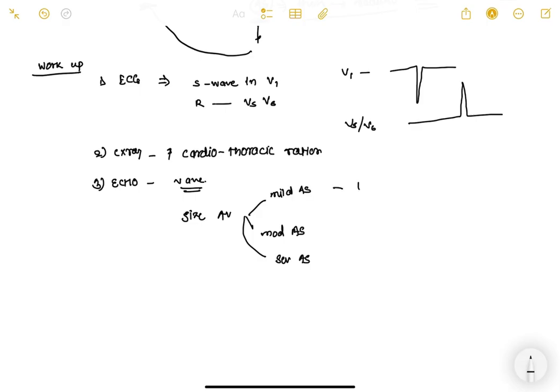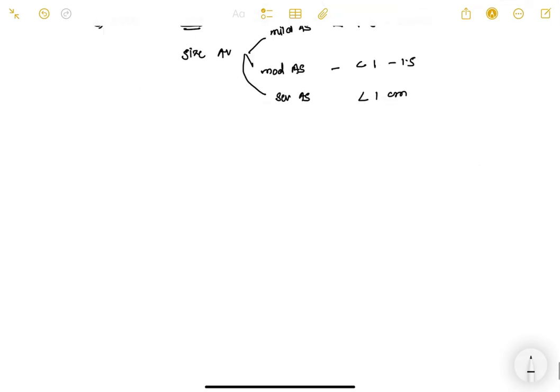If it is 1.5 to 2 centimeter square, it is mild; if it is less than 1 to 1.5, moderate; if it is less than 1 centimeter, it is severe. So normally it is 3 to 4 centimeter square. Now what are the treatment options?